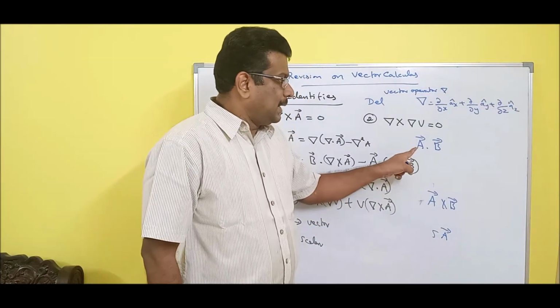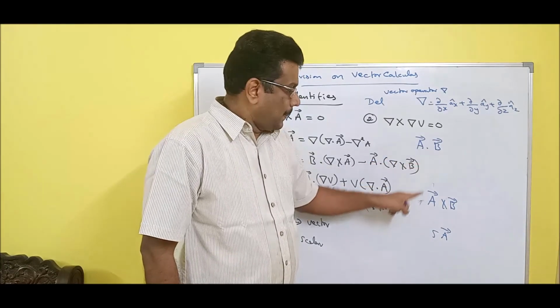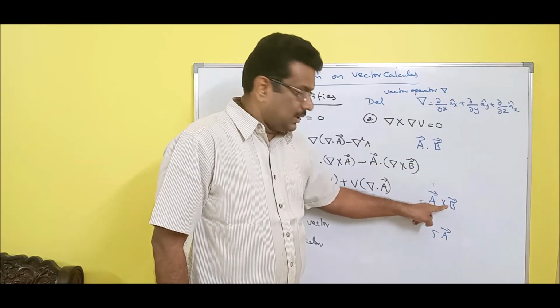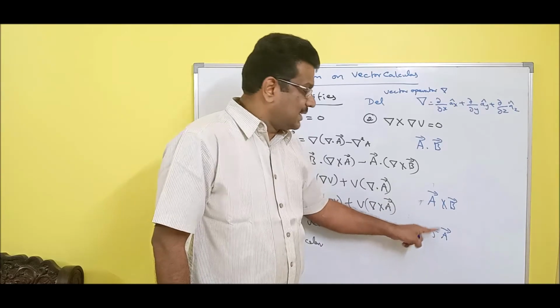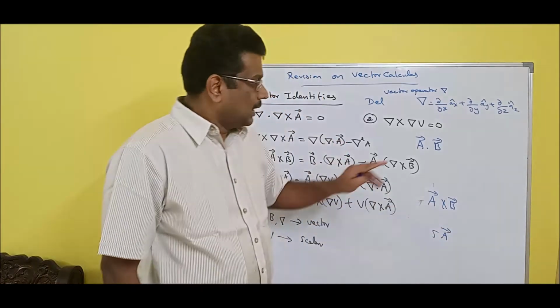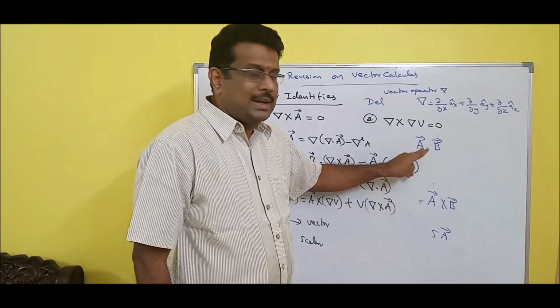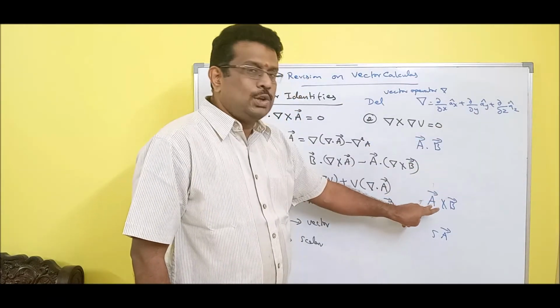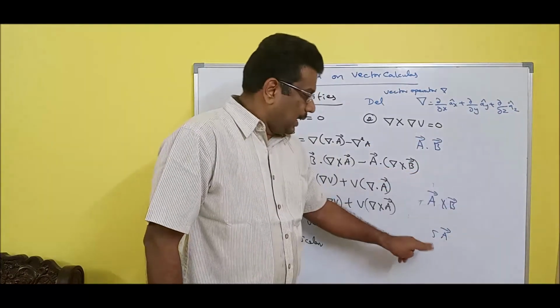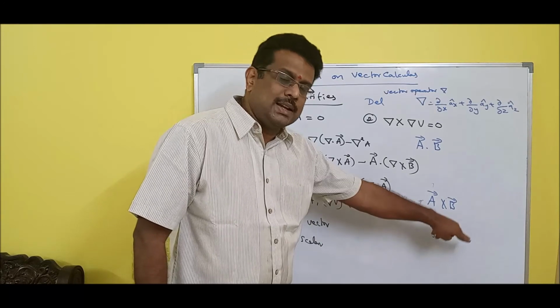So there is multiplication between two vectors, and multiplication between a scalar and a vector. Between two vectors, the result is a scalar. Between two vectors, the result is a vector. Between a scalar and a vector, the result is also a vector.